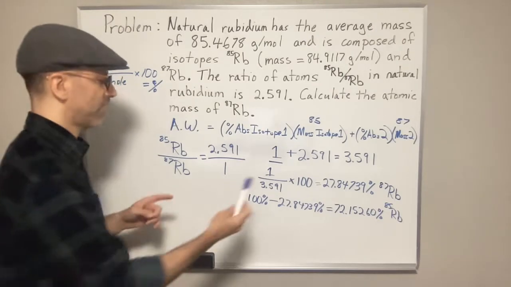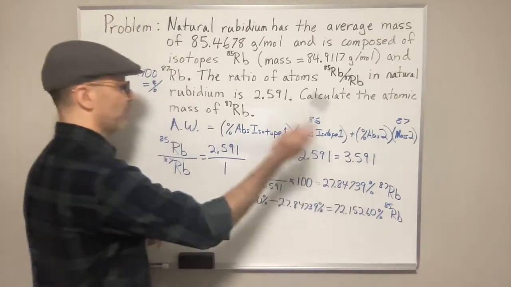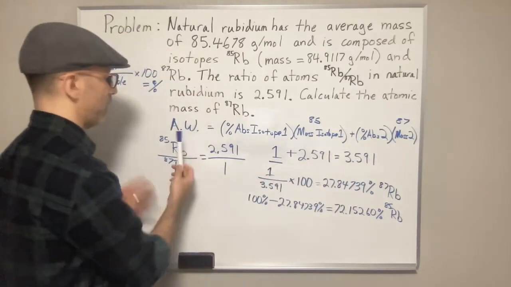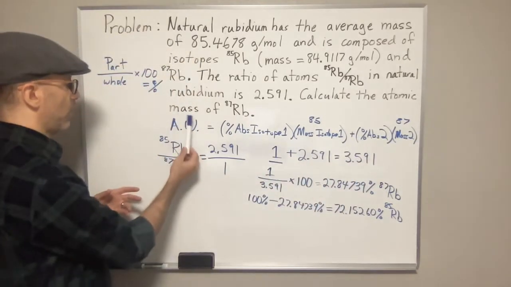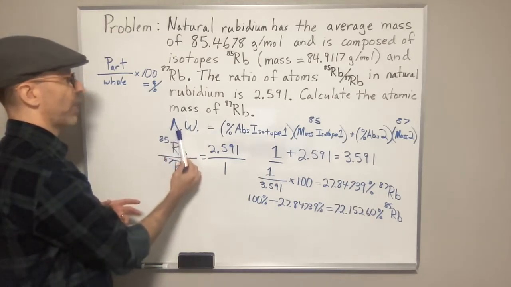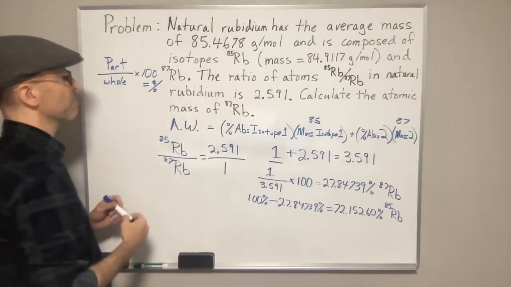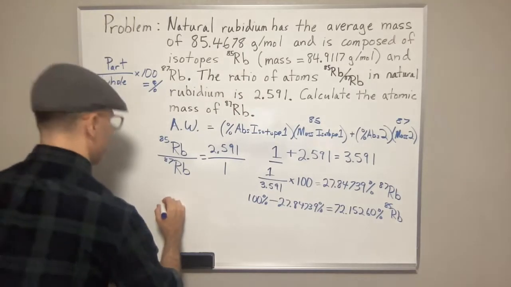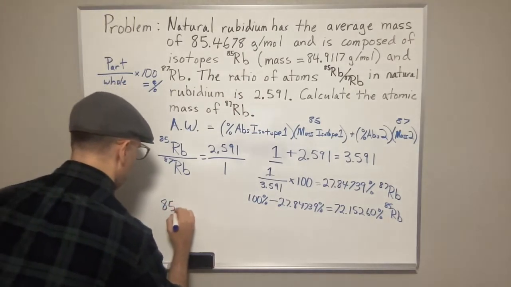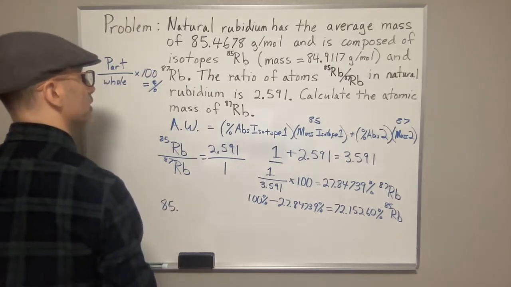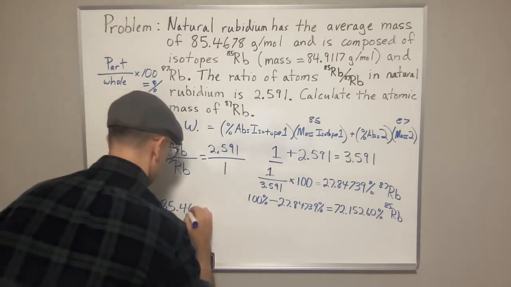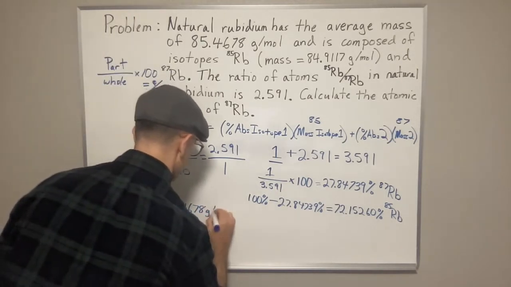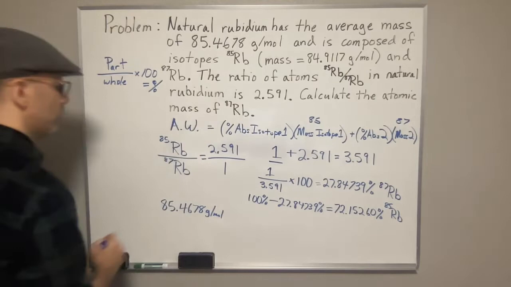So now we can take those percent abundances and plug them into the equation here. We have everything we need. We have our atomic weight, which is this number here. So we'll go ahead and put that in there. So we have 85.4678, and that's grams per mole.